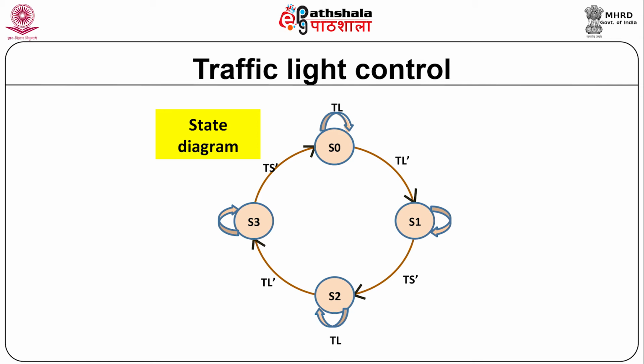S2, the code for this state is 11, and the code for the S3 state is 10. The state transitions depend upon TL, the long duration time of 60 seconds, and TS, the short duration time of 5 seconds.